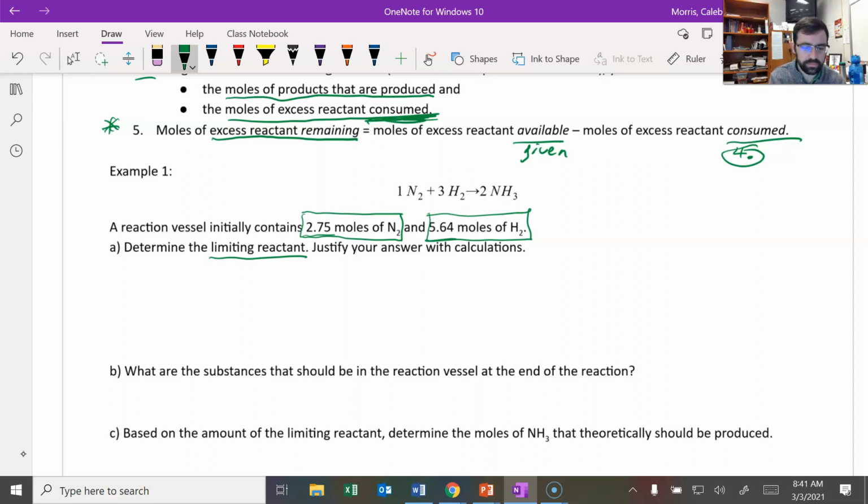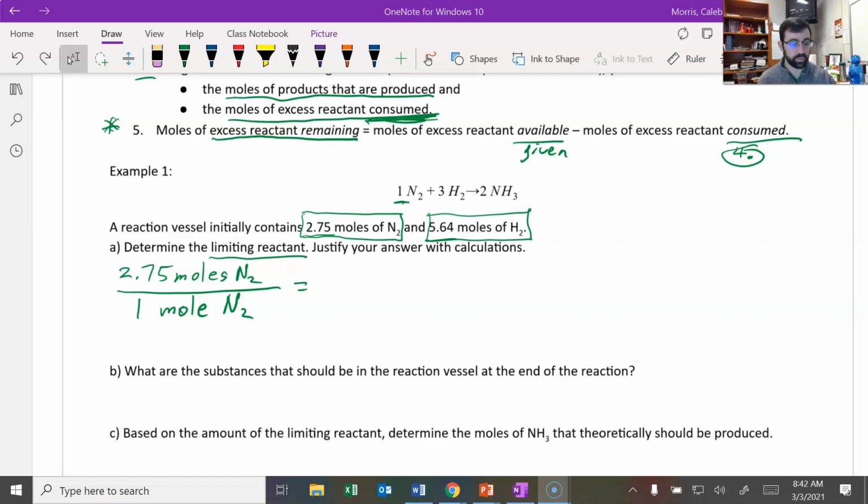2.75 moles of N2 over 1, because that's the coefficient, 1 mole of N2. Notice that the units cancel out, so you have no units. If you wanted, you could write moles of reaction, but you cannot write moles of N2 because those units cancel out.